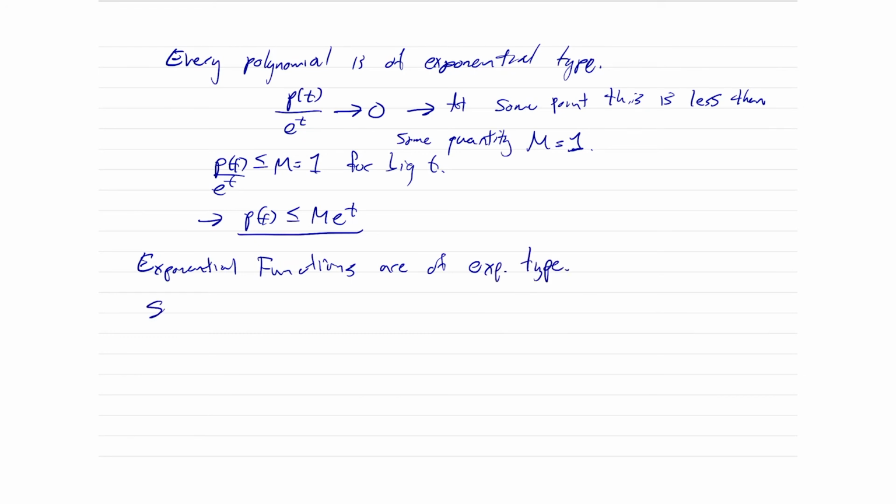And so is sine and cosine, etc. So most of the functions that we're ever going to be dealing with end up being of exponential type. And for sine and cosine, it's because they're bounded by 1 in absolute value.